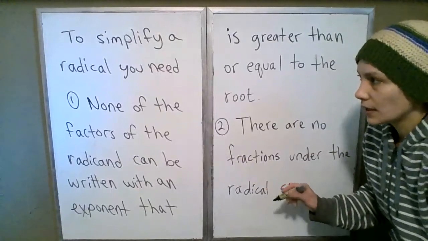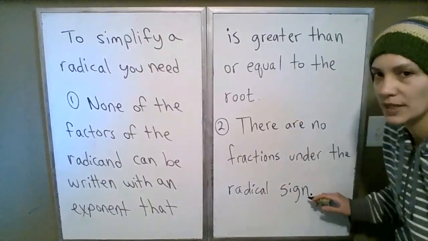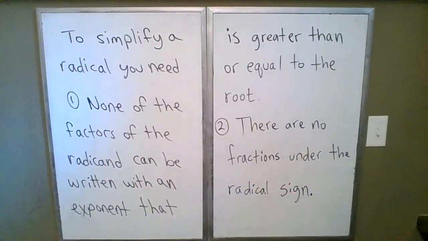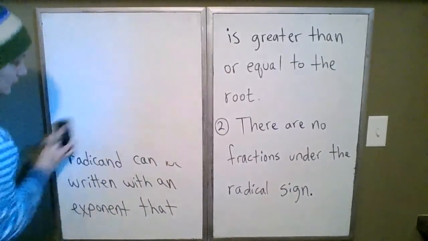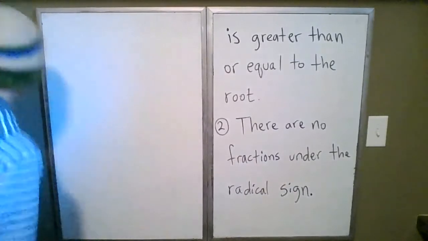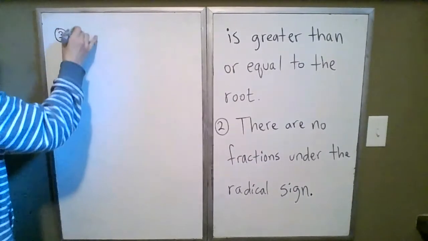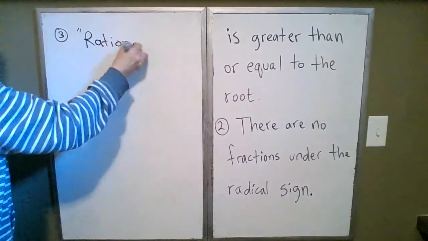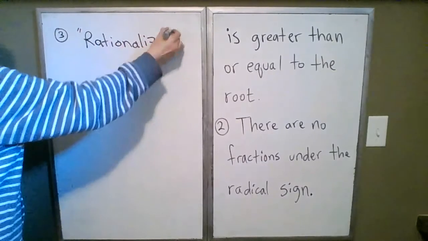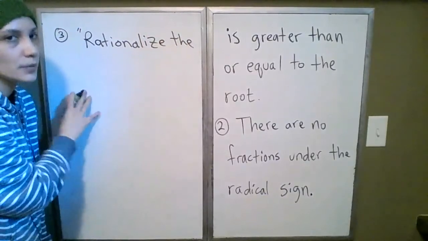So something we could do, but we're not going to, is rationalize the denominator. At least this is what I remember it being called, but I'll write out what I mean.